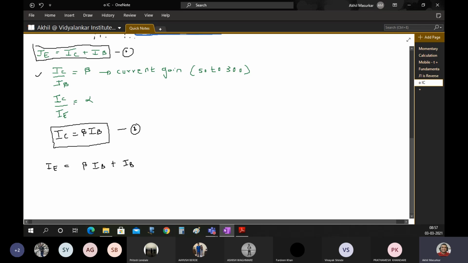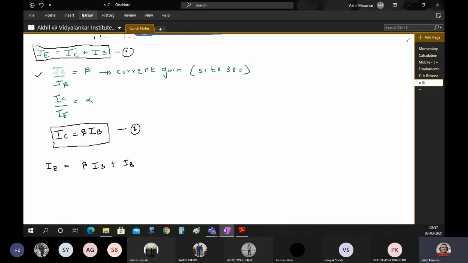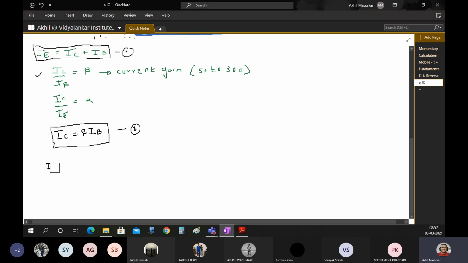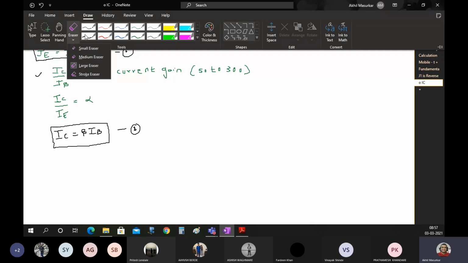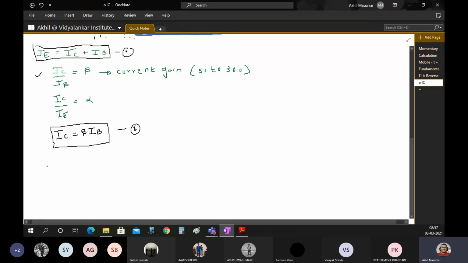Or simply speaking, if you don't want to do even this, I will give you one more shortcut. In this equation 1, you divide everything by IC. So IE upon IC is equal to IC upon IC, and then here we have plus IB upon IC.